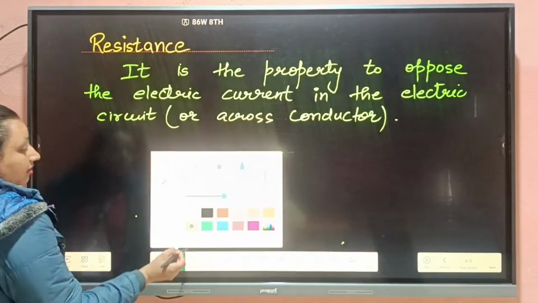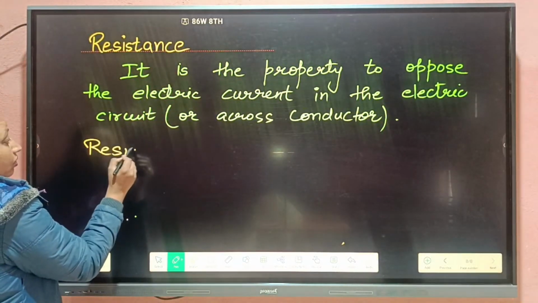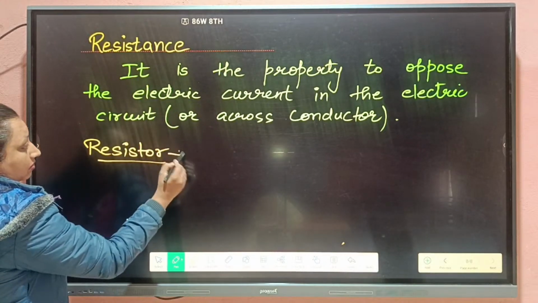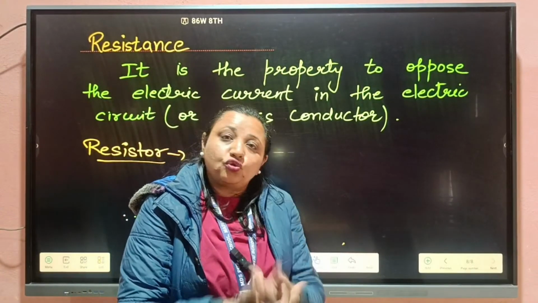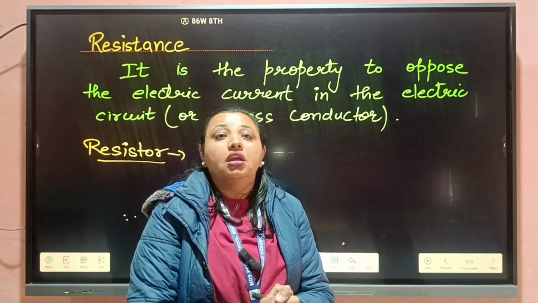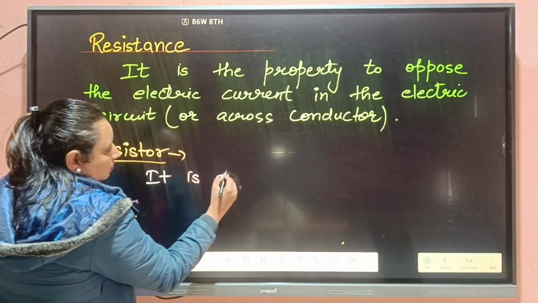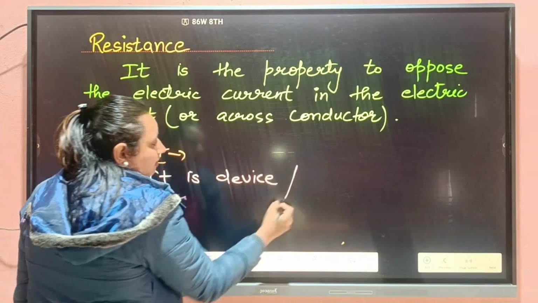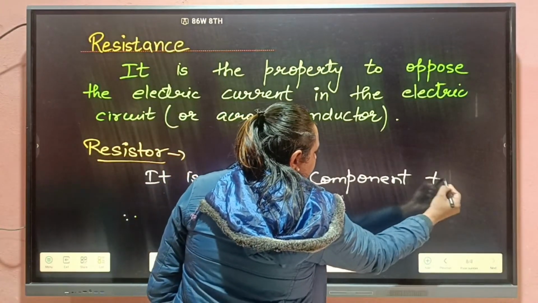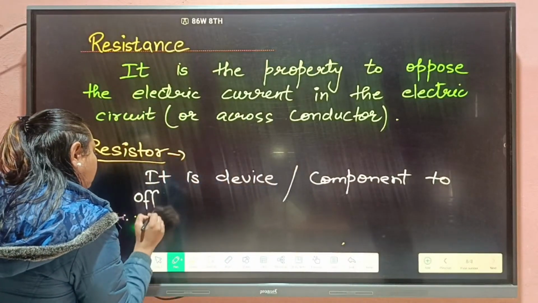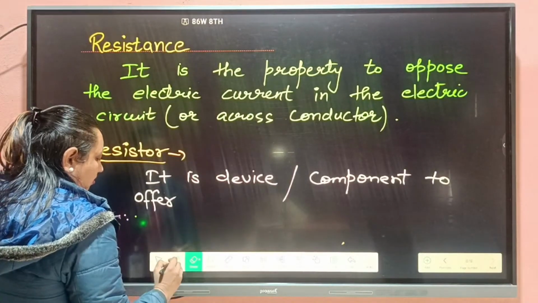What are resistors? Some students got confused ki what are resistor, what is the difference? These are two things or having same thing. So what is resistor? It is a device, electrical instrument or electrical device which offers the property resistance. So it is device or component, we can say electrical component to offer resistance.